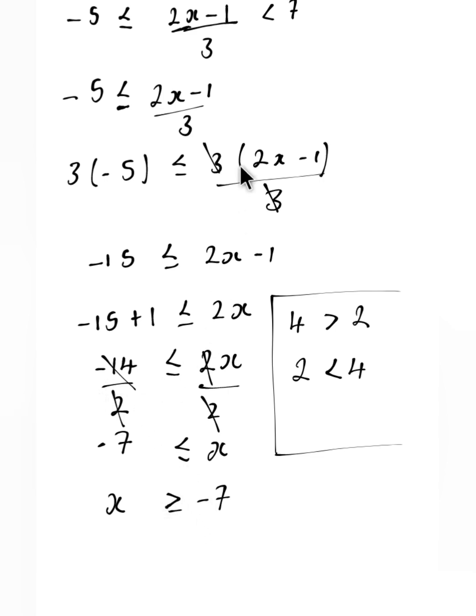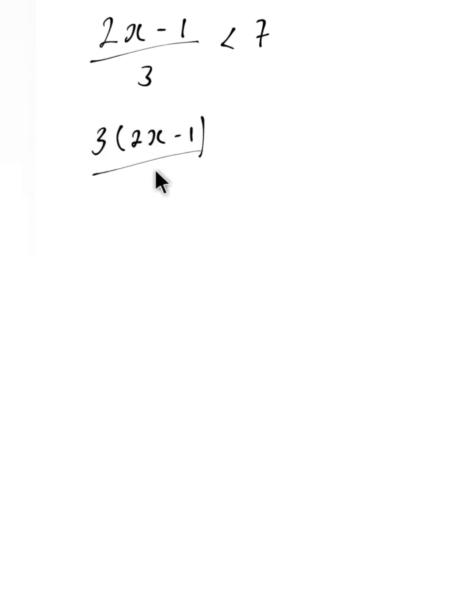Now let's move to the other part of the inequality, which is 2x minus 1 all over 3 is less than 7. The same way we did the first one, we need to multiply both sides by 3, and that will give us 3 into 2x minus 1 all over 3 is less than 7 times 3.